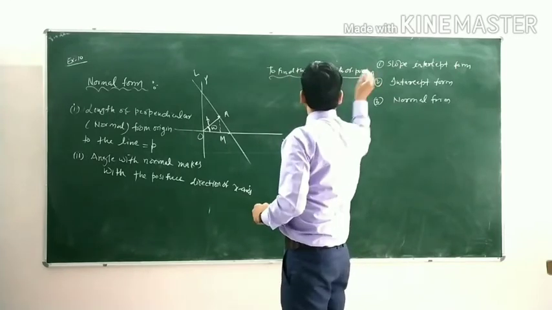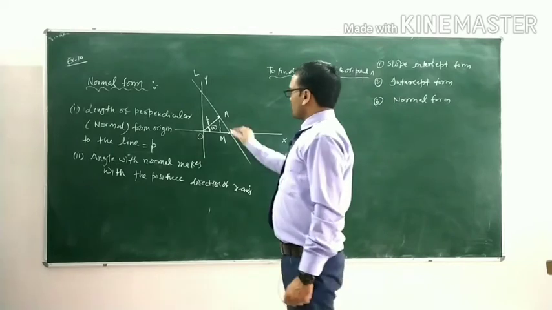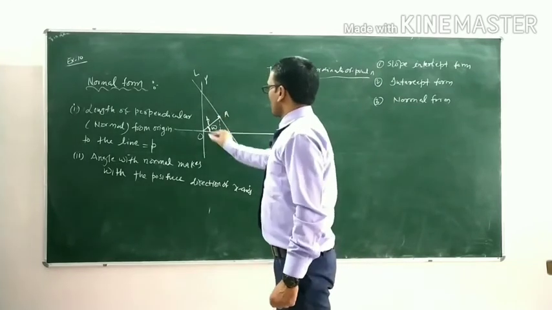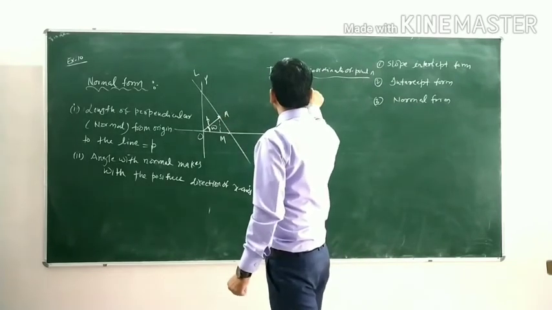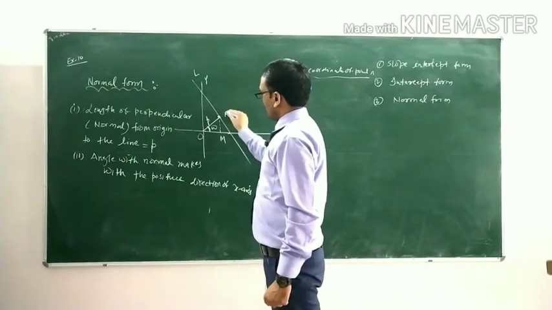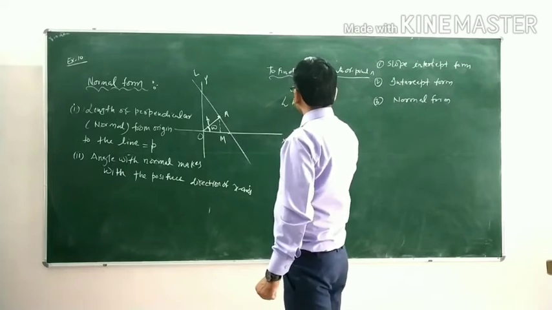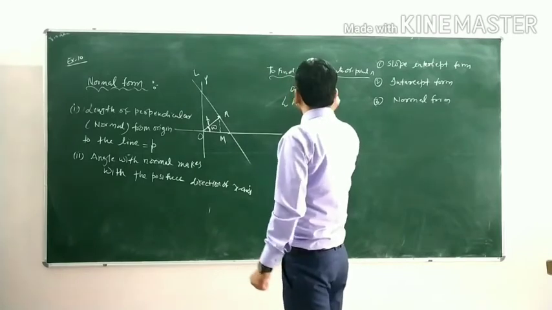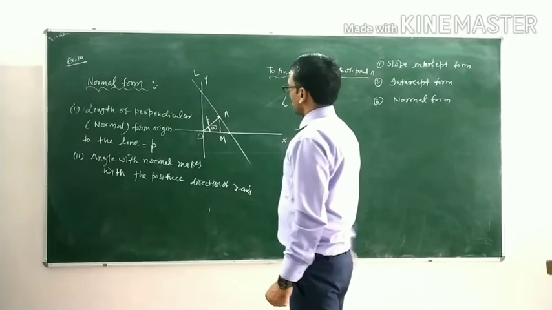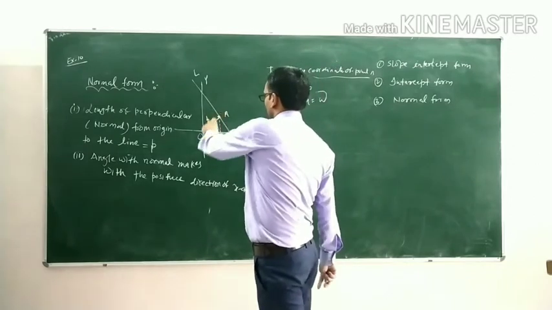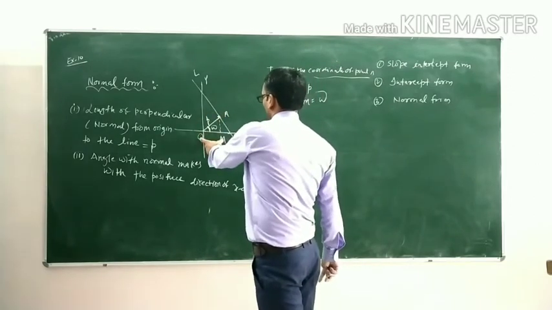Okay students, here OA is equal to P and angle AOM is equal to omega. Then we find the length OM.